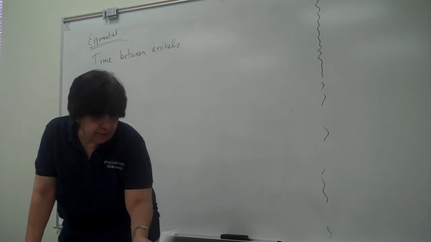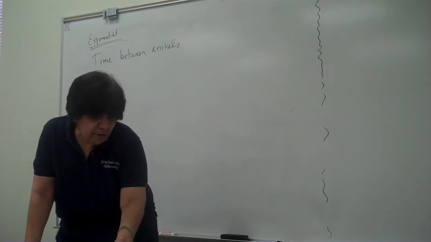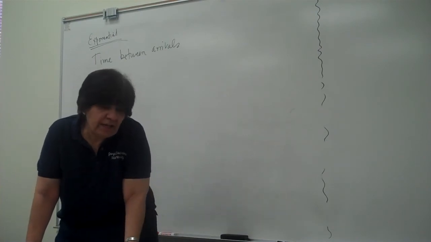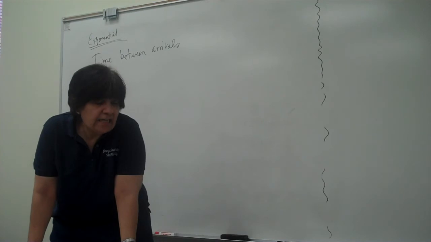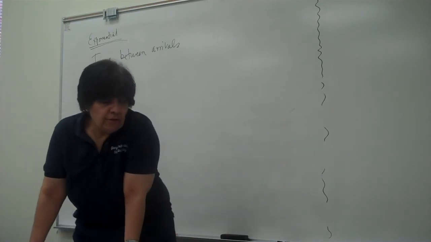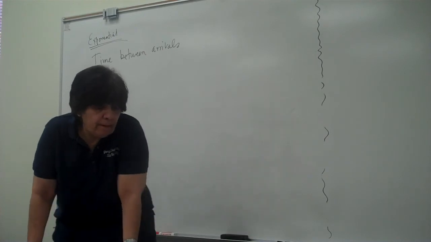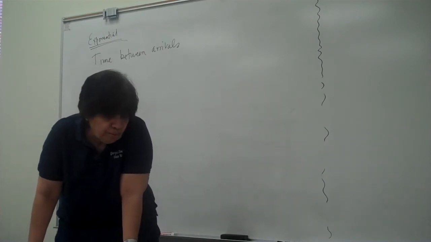Now, the f of x function, I really don't care about what f of x is, except to tell you that f of x is used only to get the mu.